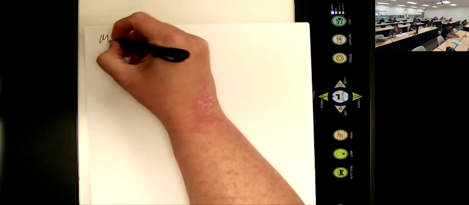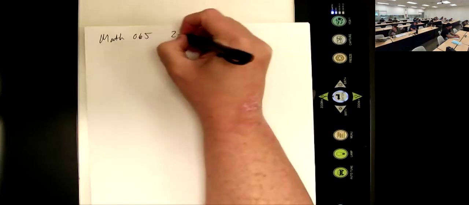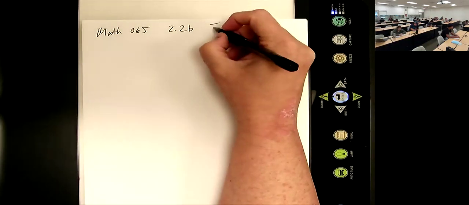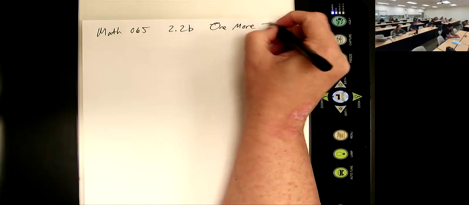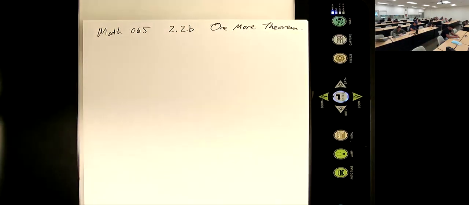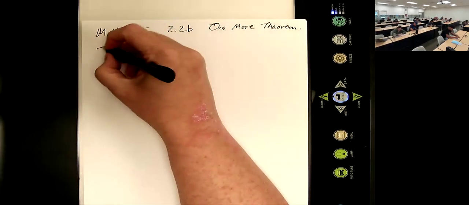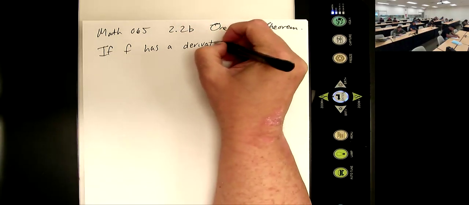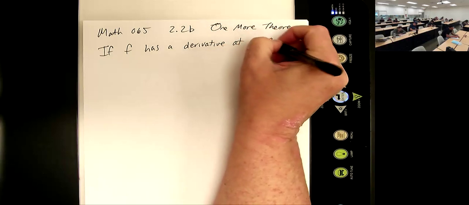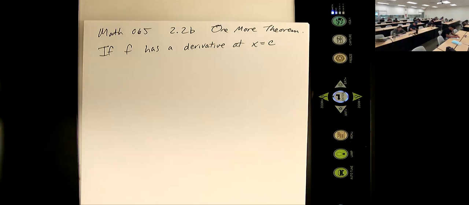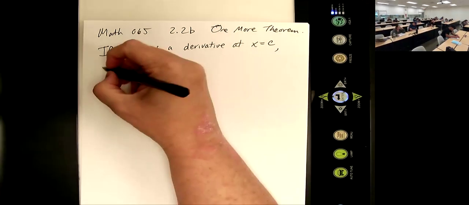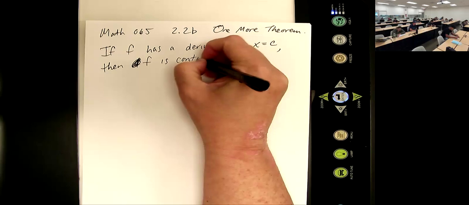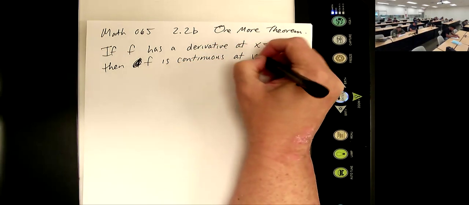Finishing out 2.2, I'll say part B. We had one more theorem, and the theorem goes like this: if f has a derivative at x equals c, then f is continuous at x equals c.